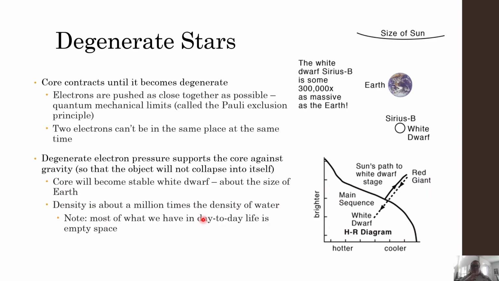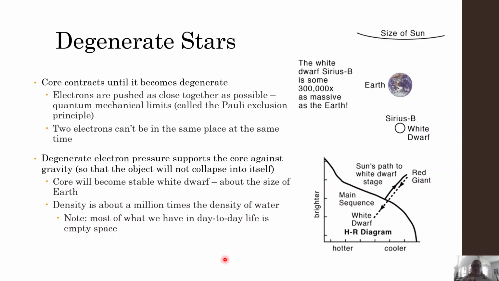The density of the white dwarf, it is so dense. It is about 1,000,000 times the density of water. And remember that density has to do with how much stuff is within some sort of volume, right? How much stuff can we fit into maybe, I don't know, a cup, right?